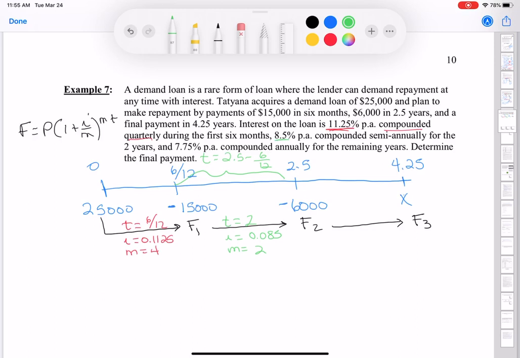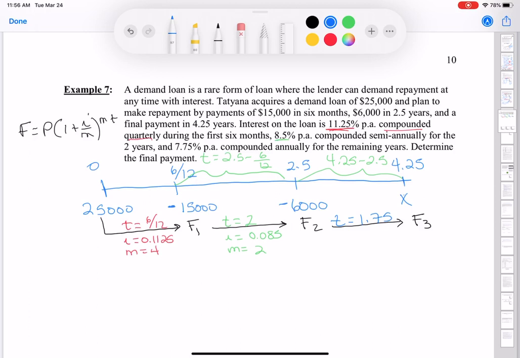And then lastly, on our interval, we have a time frame that's going from 4.25 minus 2.5, or 1.75.